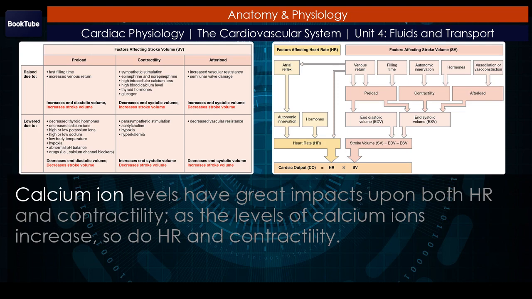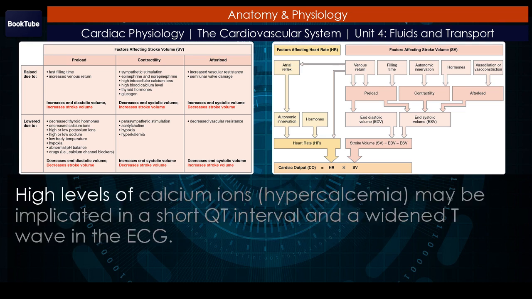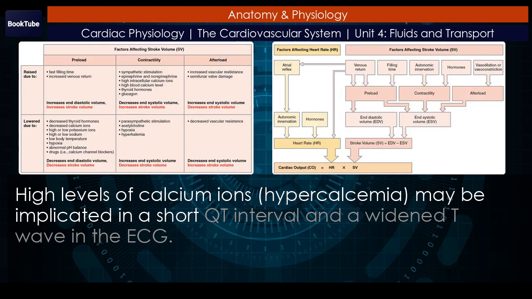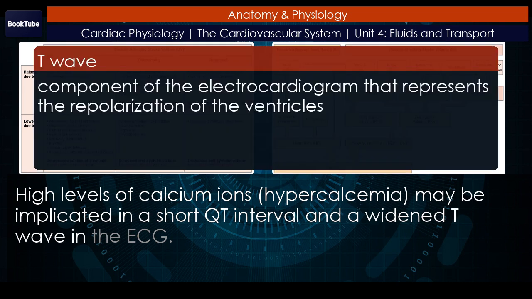Calcium. Calcium ion levels have great impacts upon both HR and contractility. As the levels of calcium ions increase, so do HR and contractility. High levels of calcium ions, hypercalcemia, may be implicated in a short QT interval and a widened T wave in the ECG.